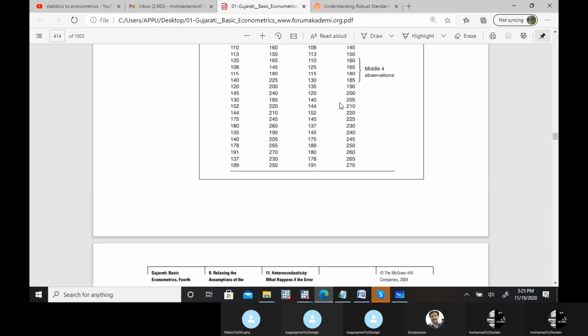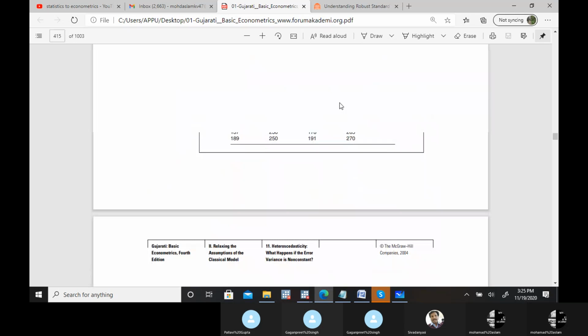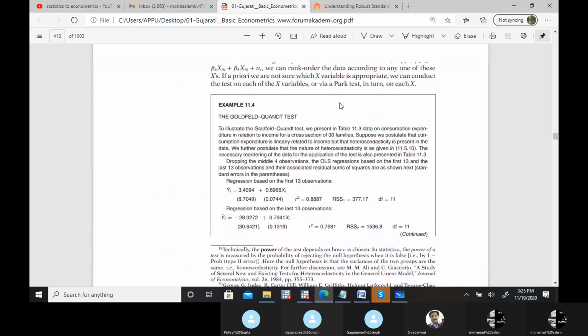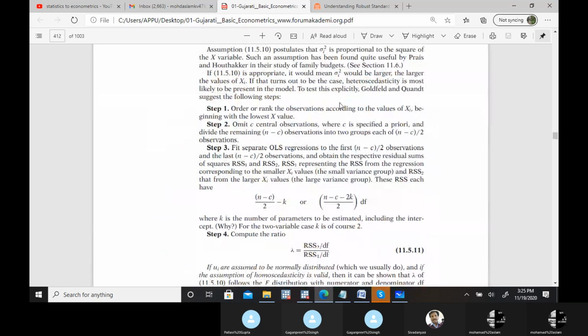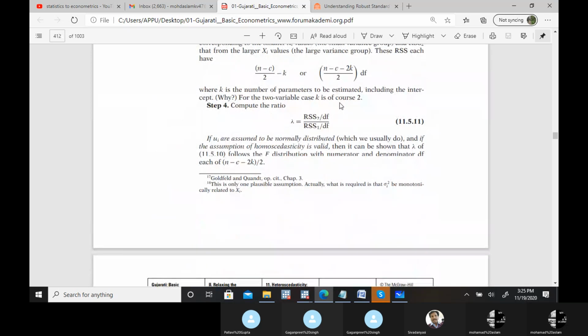Okay, omit the central observations. After omitting the central observations, you have to run two different regressions, for the first group and for the second group. And then you have to find the residual sum of squares for both groups. Definitely for the higher group, the residual sum of squares is going to be high.